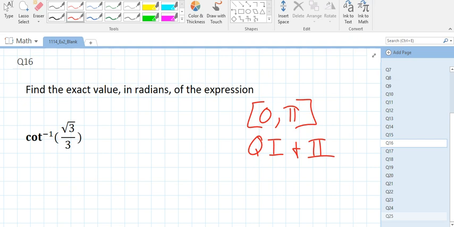Okay, but before you begin, is square root of 3 over 3 in the domain? Yes, because again, the domain is all reals. So we want to know, when is cotangent the square root of 3 over 3? Pi over 3. And again, you would find another one, but it's not in our restricted interval.